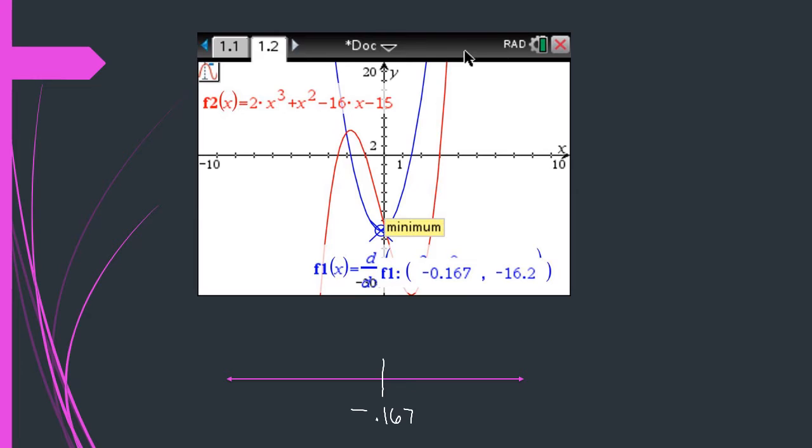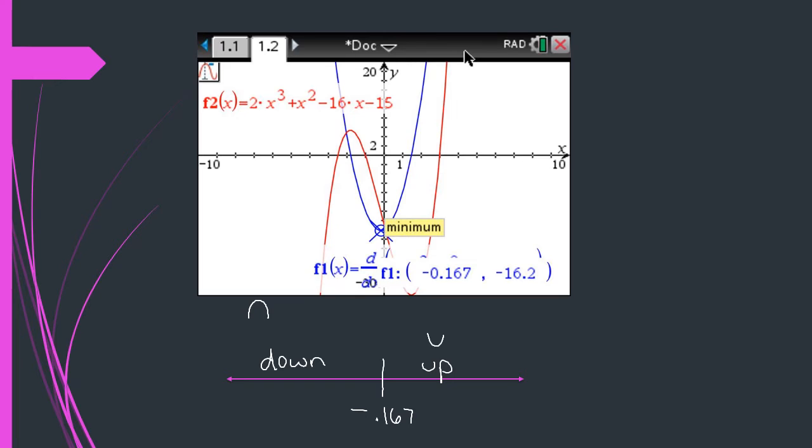When is it concave up and concave down? From negative infinity to negative 0.167, the graph looks like this, so it's concave down. And then from negative 0.167, it looks like this, so it's concave up.